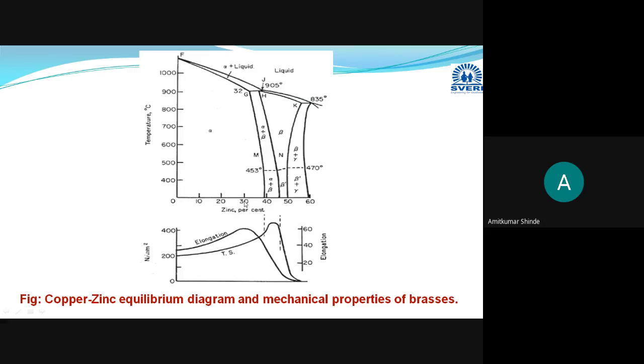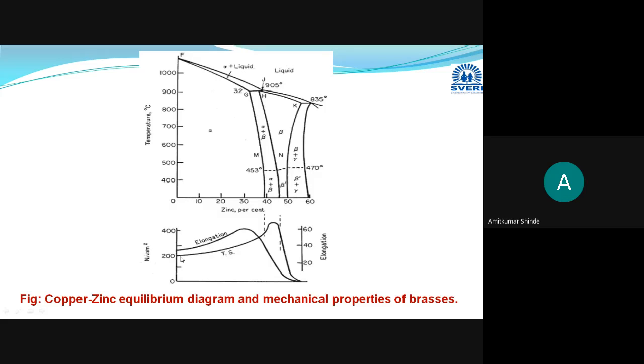And when the zinc amount goes above 30%, the ductility of that material starts decreasing. This is the elongation. Whenever there is alpha phase, it will have very good ductility, and tensile strength will also be comparable, so you can use it in all practical applications.